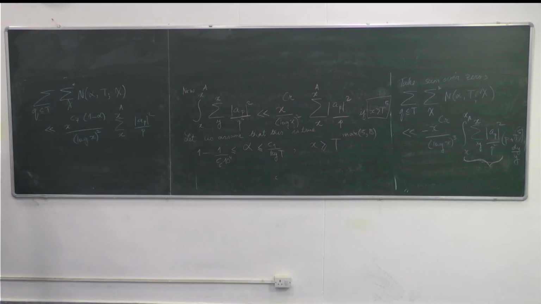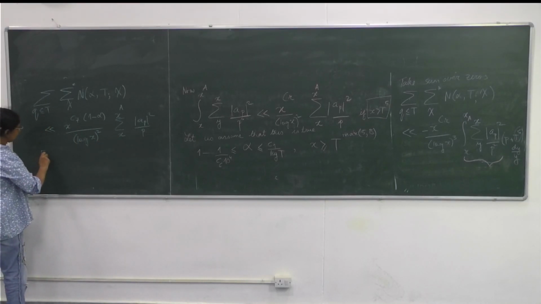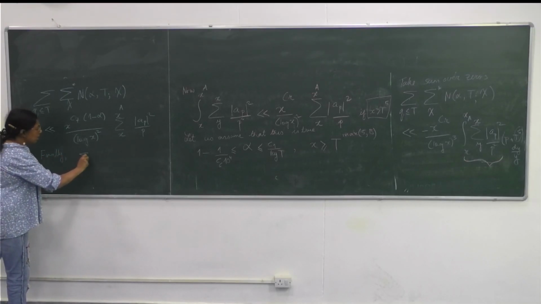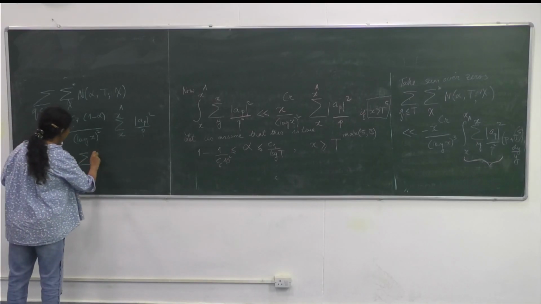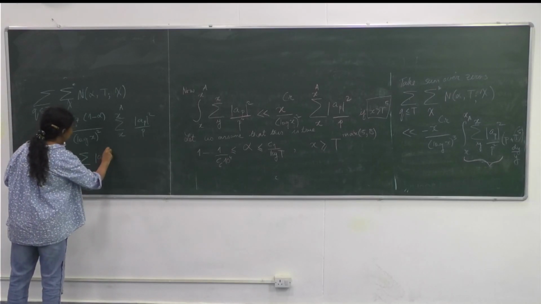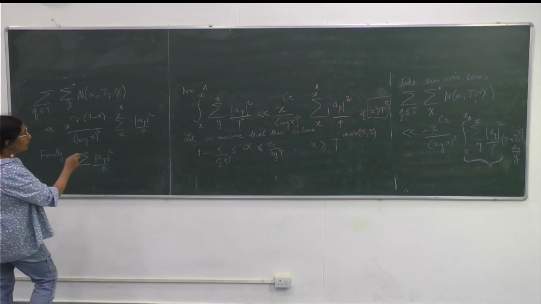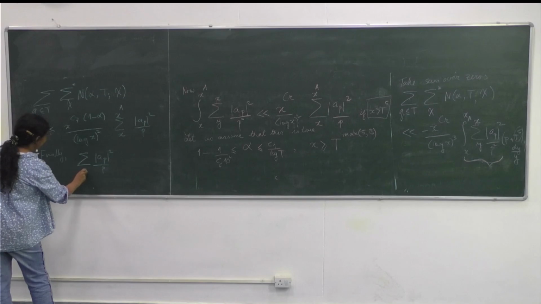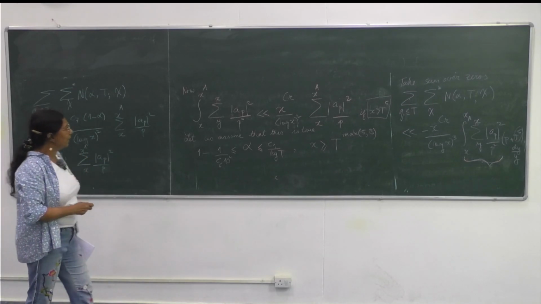So finally, what happens is we estimate this, the sum of ap square by p, my range of summation is from x to x to the power a. What is this bounded by?